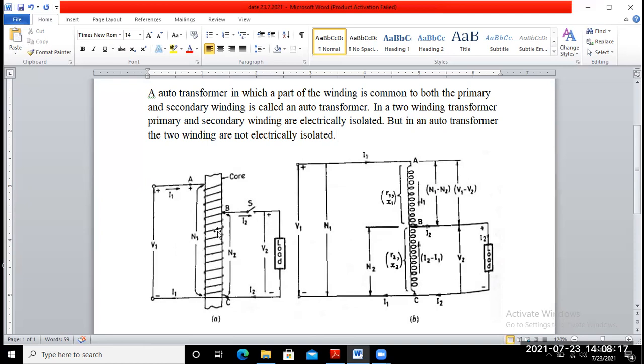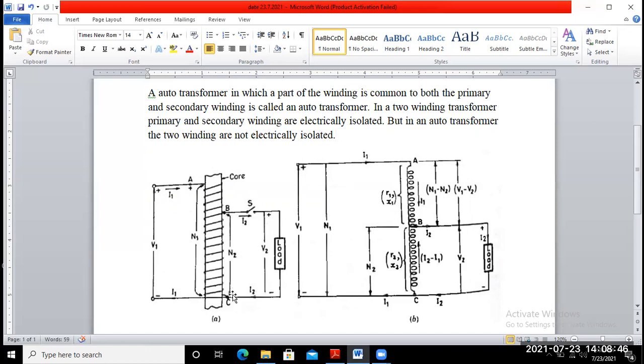Now, from this point, that means B, if you take out a connection from point B through a switch, shown here as an open switch, the connection of the B point goes to the load. As you know, this is your secondary terminal voltage, and N2 is your secondary winding number of turns.